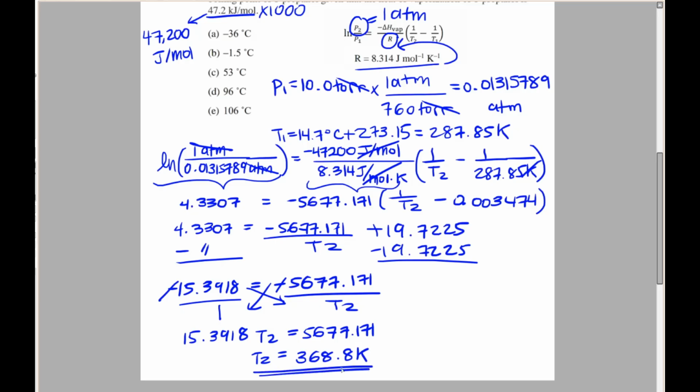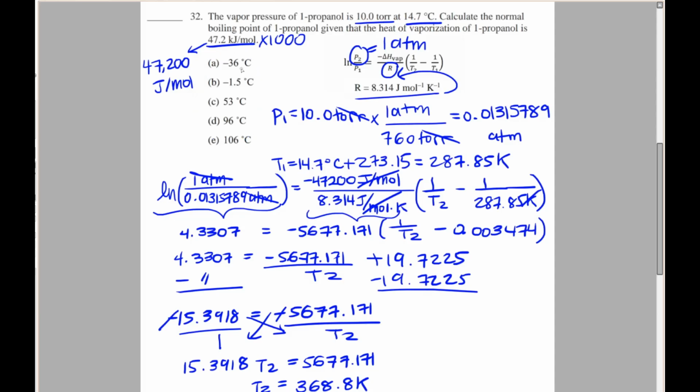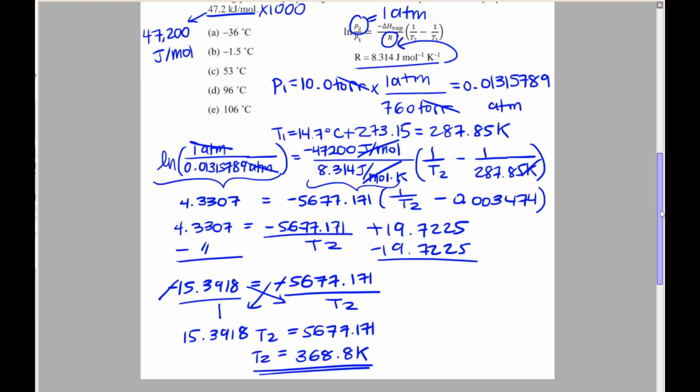So you might think this is our final answer, but all of the answer choices are listed in Celsius, not in kelvins. So we need to do one more conversion, and to do that, we just subtract 273.15 from the T2 that we found, which is in kelvins. This will give us our answer in Celsius.